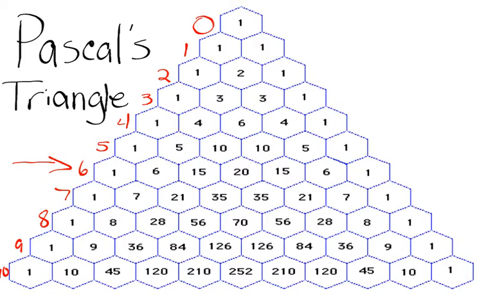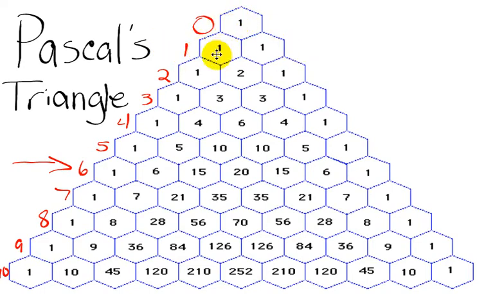When you get the sheet, it starts with a 1 up at the top. I'm sorry, it starts with row 0, and a 1 is in it. And then the next row, row 1, has 1s.